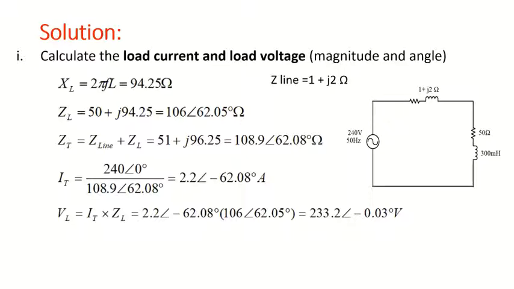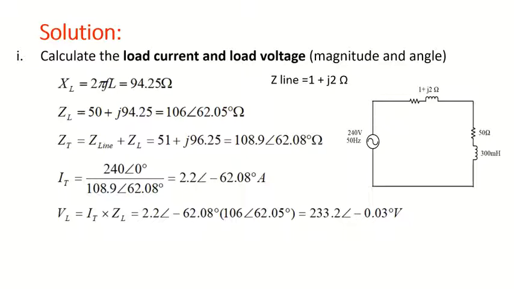You have the Z load here, but don't forget about the Z line, which is equivalent to 1 plus j2.